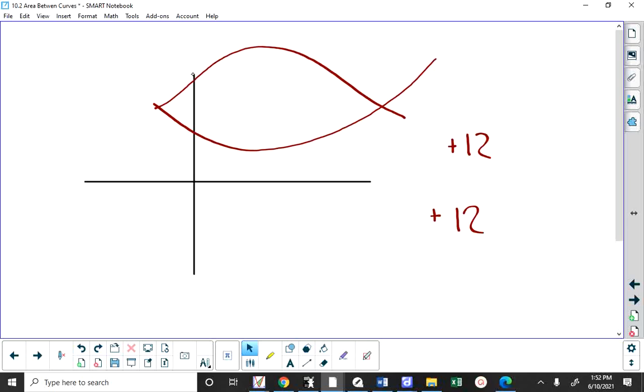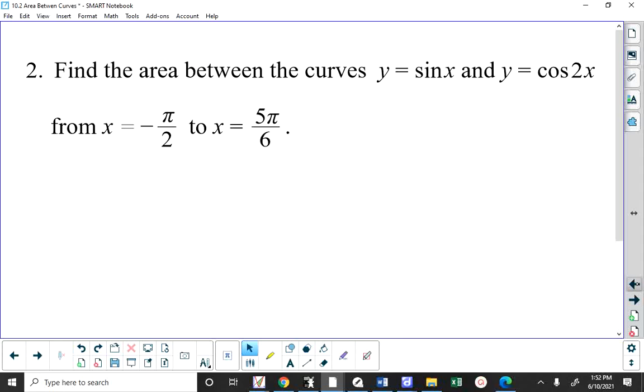The area between them will still be the same, and they are now both entirely above the x-axis. You might say to yourself, well, now the antiderivative is going to have an extra term of 12x, but it's 12x minus 12x. It's upper minus lower. You're going to subtract those two constant terms, so it won't even be in the antiderivative. And it doesn't matter where the functions are. Okay, so let's take a look at the final example here.